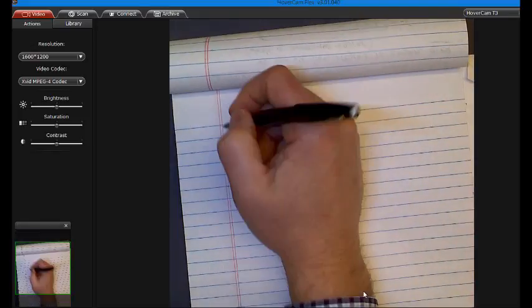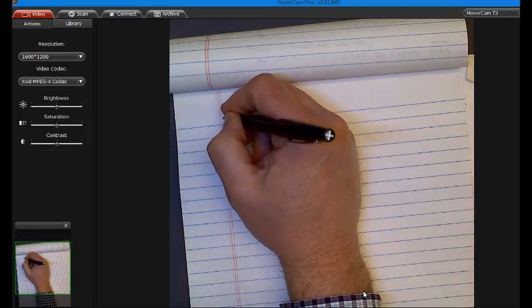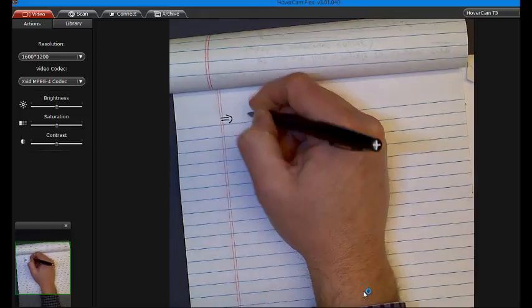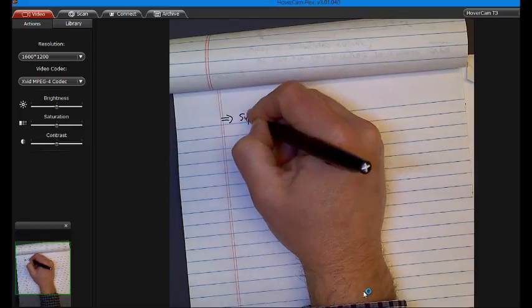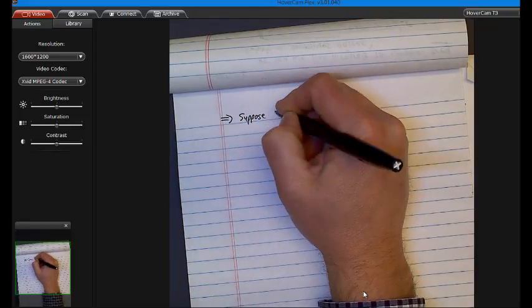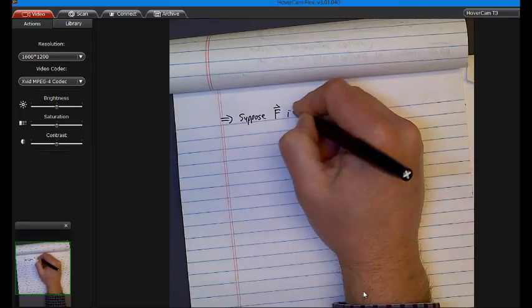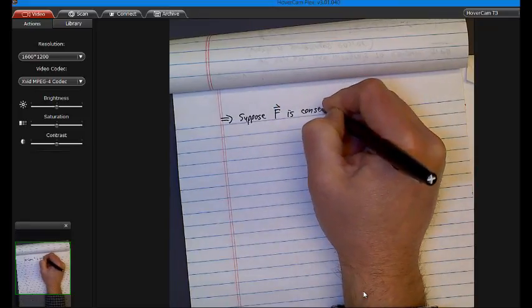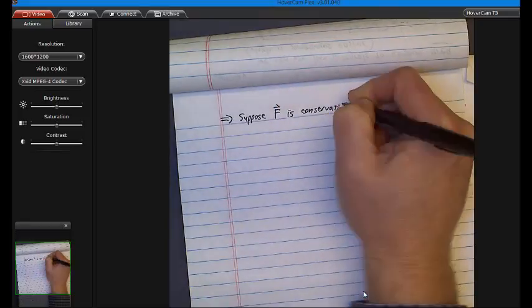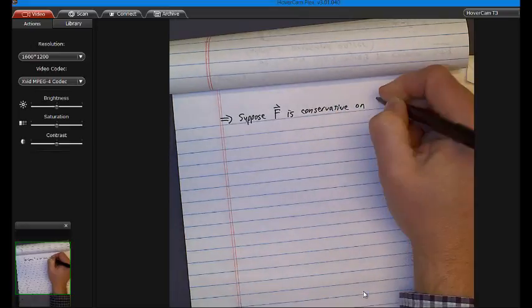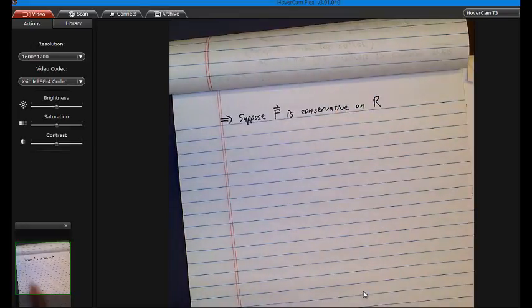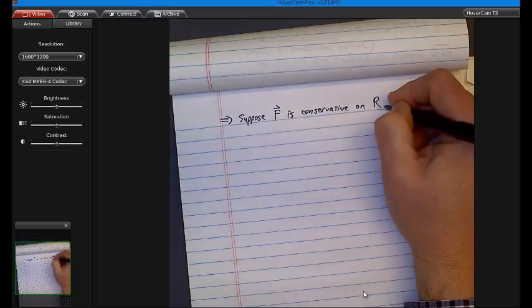Okay, so here we go. One direction. Suppose F is conservative on the region R. What does that mean?